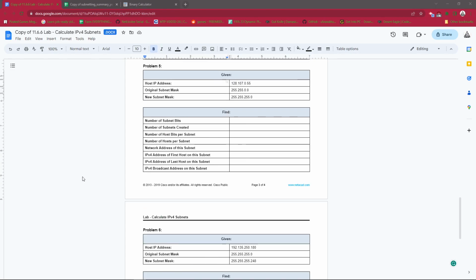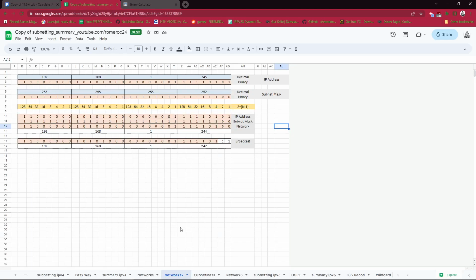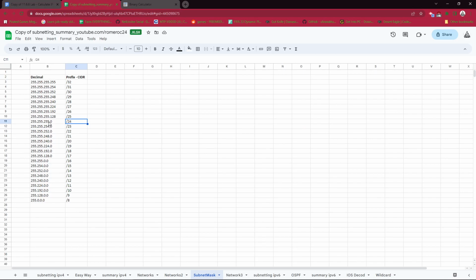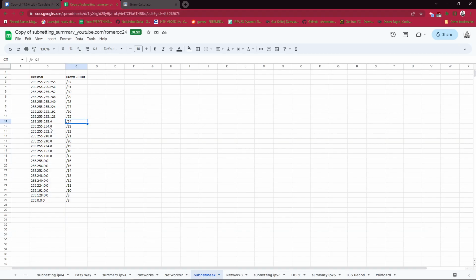Okay, next for problem 5. For the number of subnet bits, we need to find the prefix of the new subnet mask. So 255.255.255.0 is 24. So 24 minus the 255.255.0.0, which is 16.